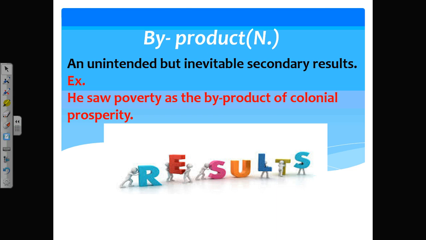What's byproduct? Unintended but inevitable secondary results. Example, you saw poverty as the byproduct of colonial prosperity. Byproduct means result, the outcome. You know, colonial prosperity. I want you to look it up in the dictionary.